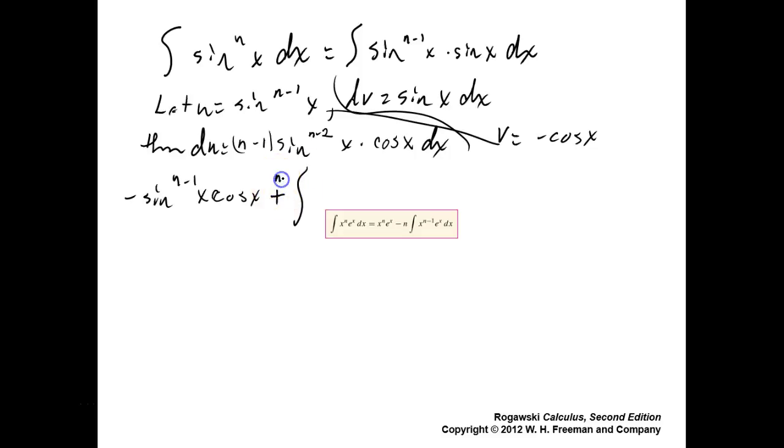And you'd have an n minus 1 on the outside, because that's just a constant, okay? And you would have a sine n minus 2 x times cosine squared x dx. Okay. That's your first iteration, okay?